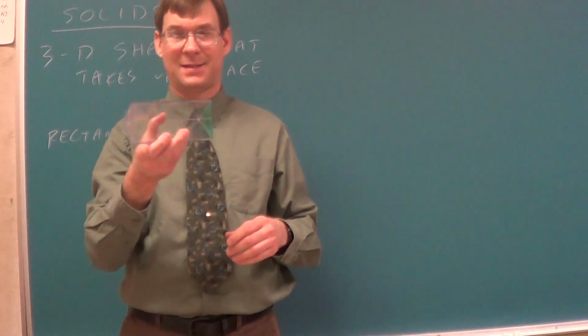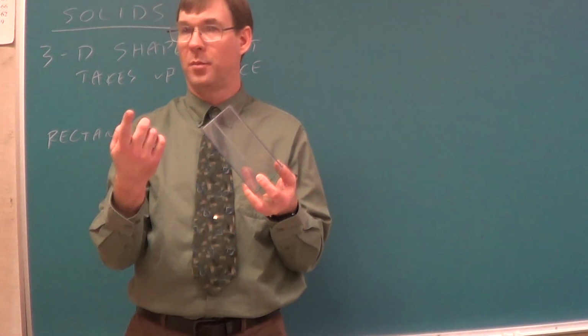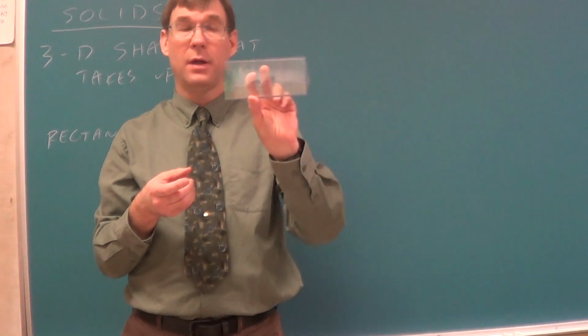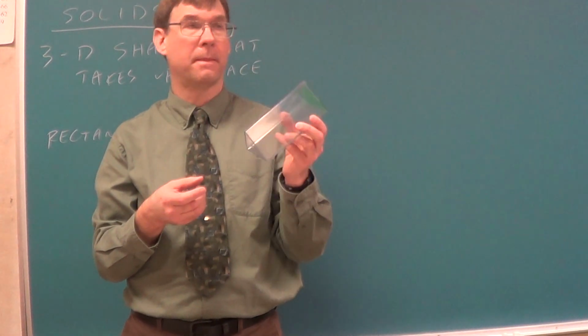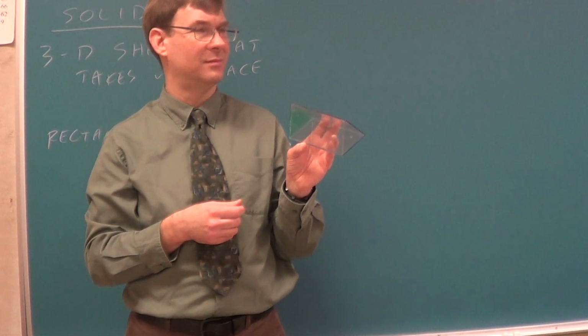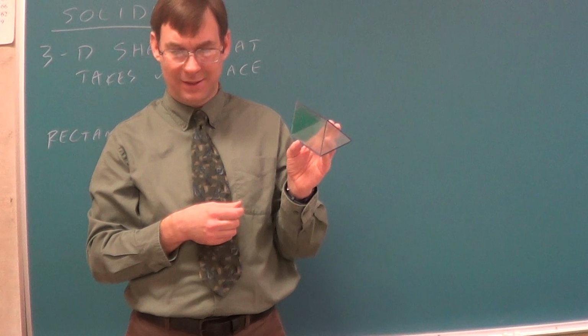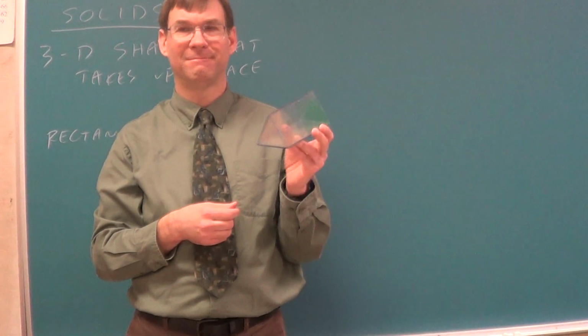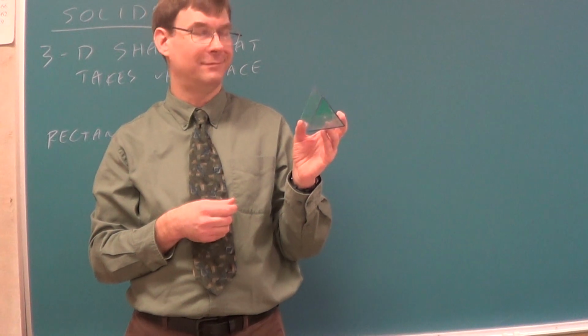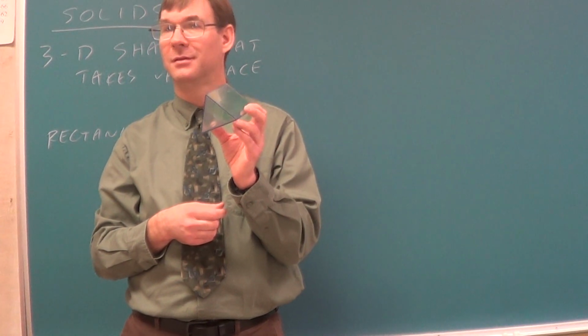What makes this be the one that's the triangular prism? It's all triangle. Well, not really. Anybody, what makes that be a triangular prism? It's longer. It's like the same shape as a tent.